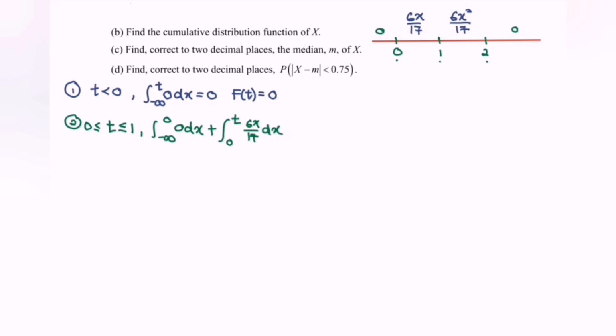If we integrate, we will have F(0) plus 6x squared over 17 multiplied with 2, limits t and 0. Simplifying, we will have F(t) is equal to 0 plus 3t squared over 17.